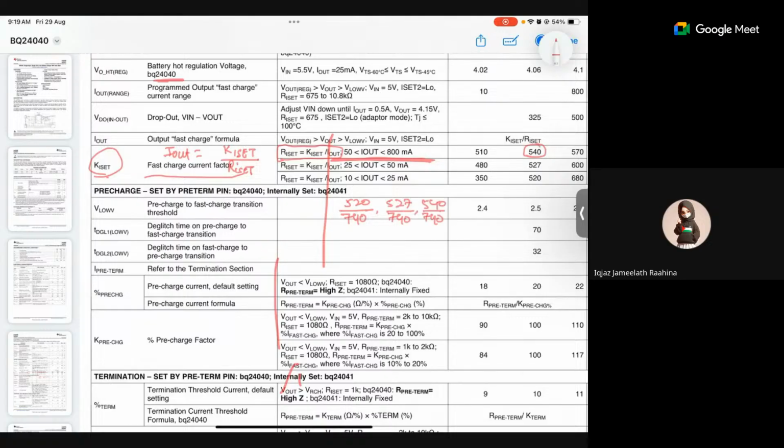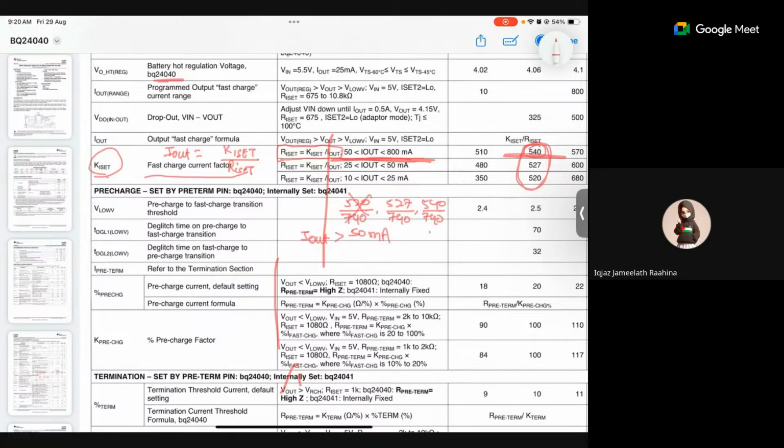We have three values, and according to these three values I calculate the I out. Every time the value of I out is greater than 50 milliampere. So which one is the correct one? According to the 50 milliampere, this value is correct, 540.